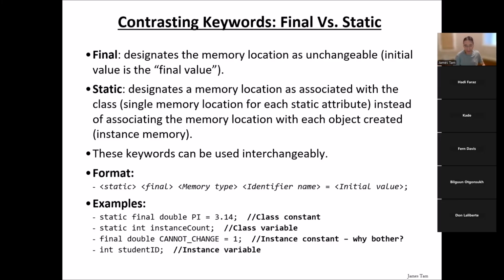And final and static, you can use these two keywords in whatever combination you want. So there are four different combinations between final and static: having neither, having both, having one or the other.